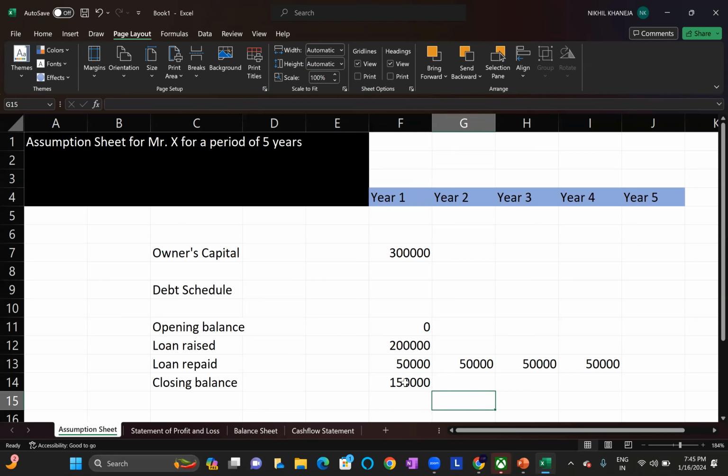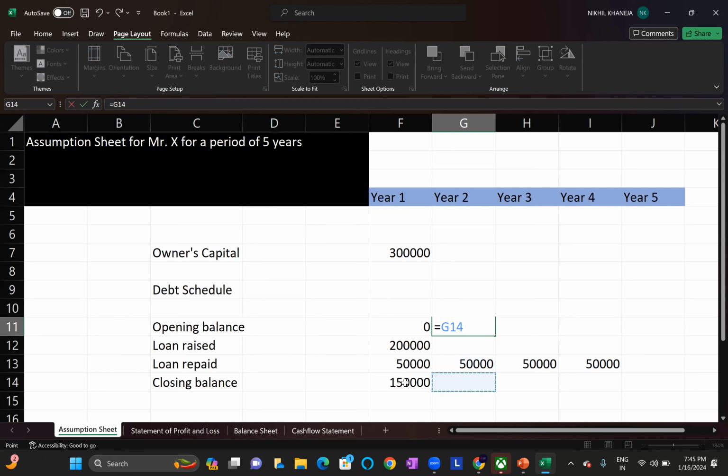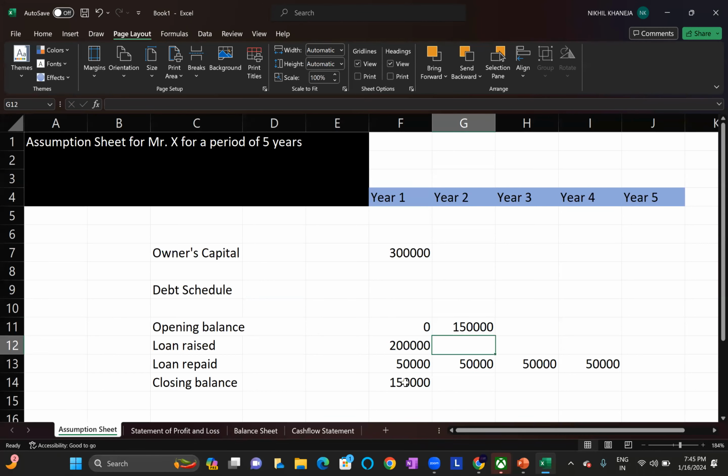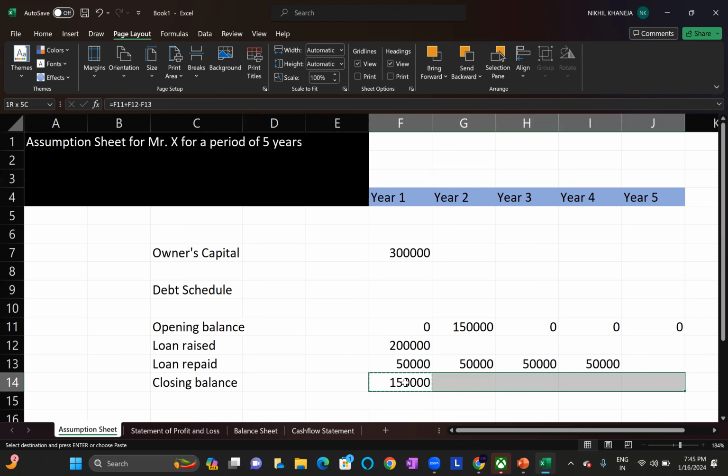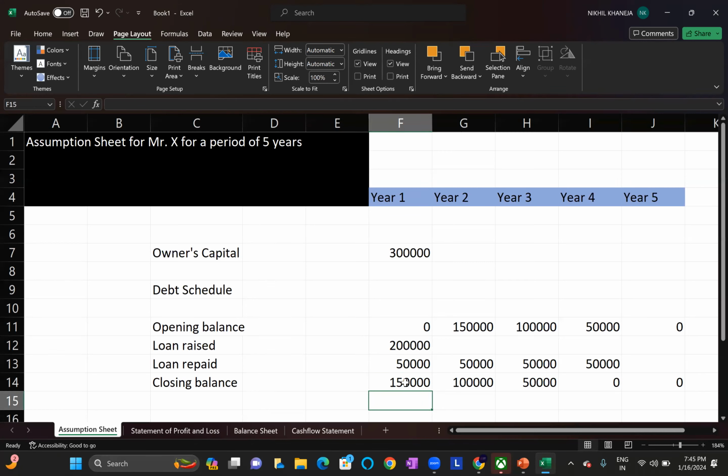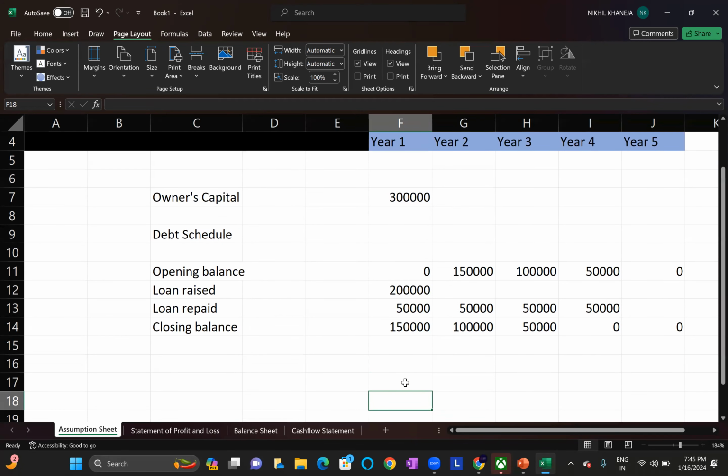This is my closing balance. I can say next year opening will be previous year closing, right? I will just copy this formula, Control C, Shift right arrow and enter. And this sum formula, opening plus loan minus loan repaid, this will also be copied and dragged for remaining years. So this is how I can calculate closing balance of my debt.